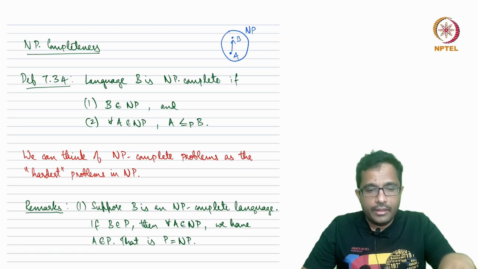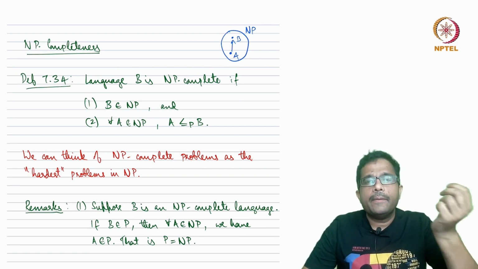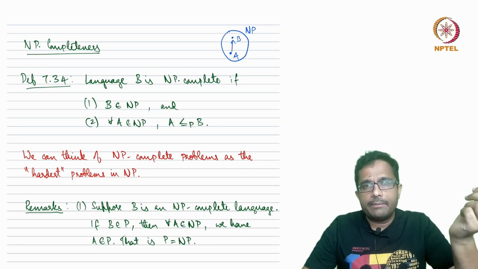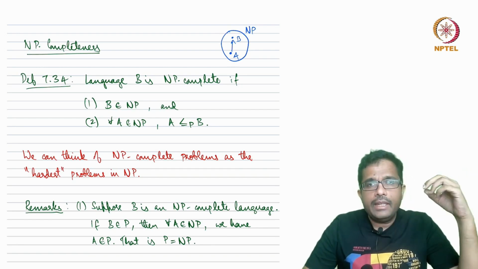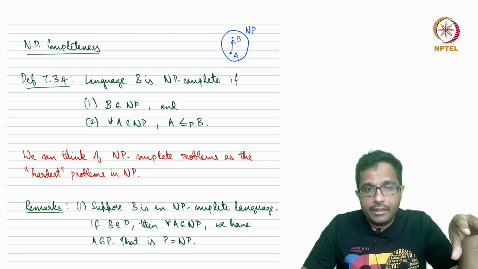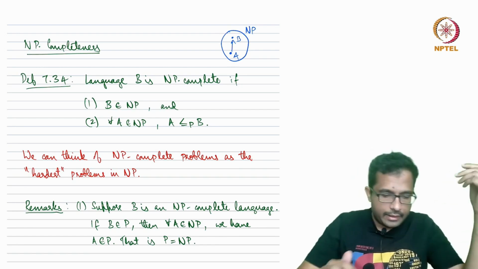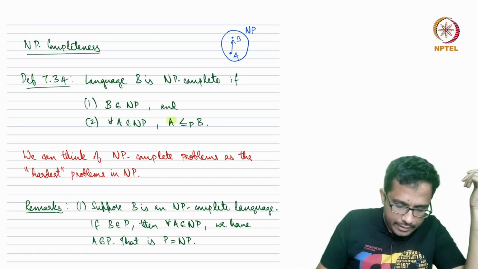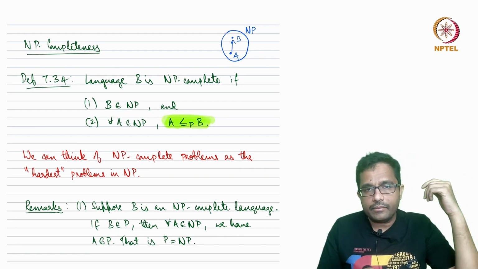Two things: first, B must be in NP, and second, all languages in NP must be reducible to B. If we have a way to decide B, then we have a way to decide any language in NP because of this reduction.